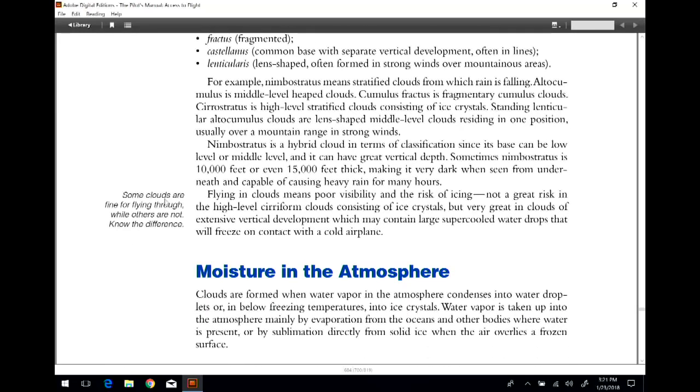There are going to be some clouds, as they mention here in the margin, that are going to be just fine to fly through, while others may not be. And it's very, very important to know the difference in what clouds you want to fly through. Because again, remember what these clouds are. These clouds are a form of visible moisture. Now it could be high enough and the air could be cold enough that icing is not going to be an issue. Everything is frozen and nothing is going to stick to your aeroplane.